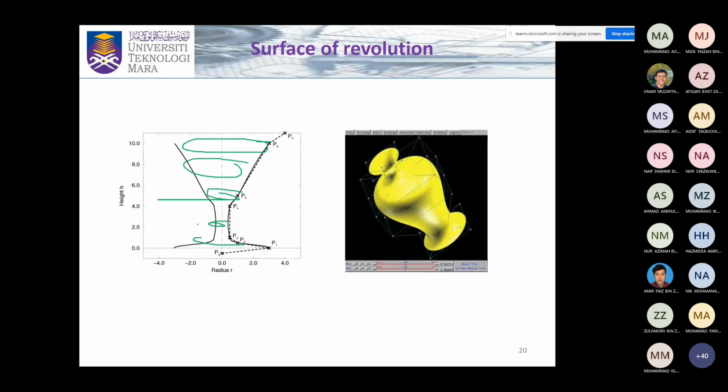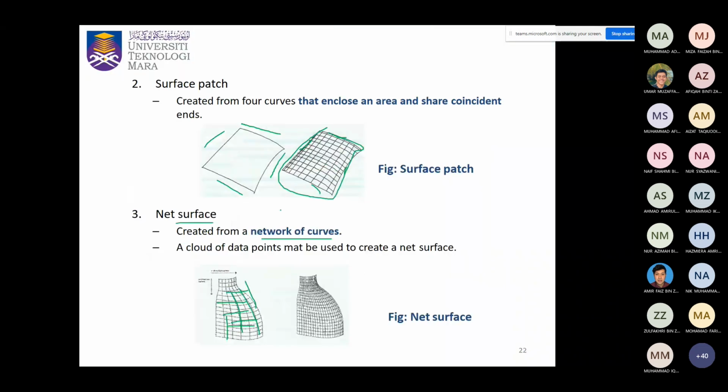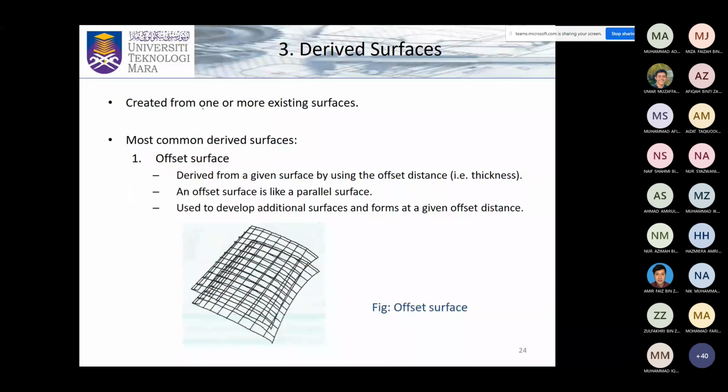So that's also possible. And then the third type of derived surface is the common one, the first being the offset surface. You would have learned this from plane surfaces, from offset plane, where you have a surface and you just offset it at a certain distance. The other one is a fillet surface.